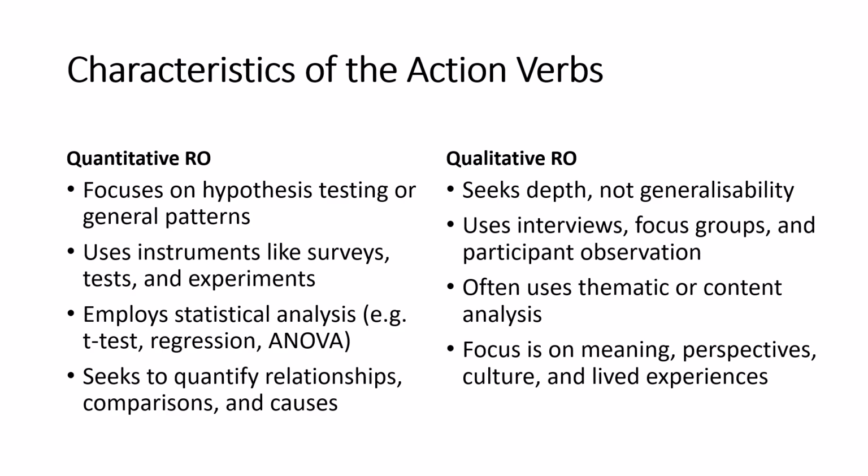It is through quantitative research that you can test hypotheses, and it uses instruments like surveys, tests, and experiments. It employs statistical analysis that we have said earlier, t-test, regression, ANOVA, MANOVA. It seeks to quantify relationships, comparisons, and causes. The causal relationship, what causes this, the cause and effect, or is it this or that?